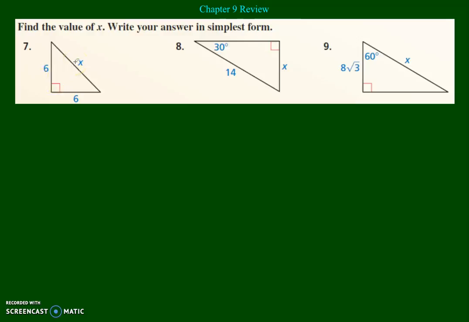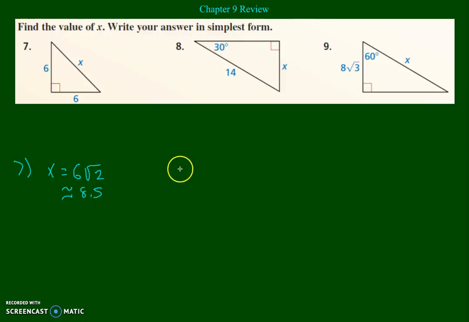So to solve for number 7, x is 6 square roots of 2. Even though it's possible to approximate this to 8.5, the proper answer is 6 square roots of 2. Whenever possible, you should always give your answers as an exact value as opposed to an approximation, unless an approximation is called for by whatever question you're answering.